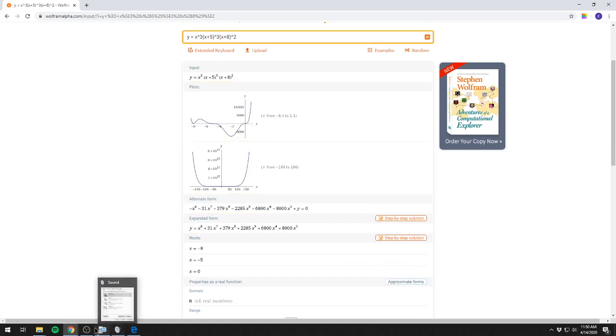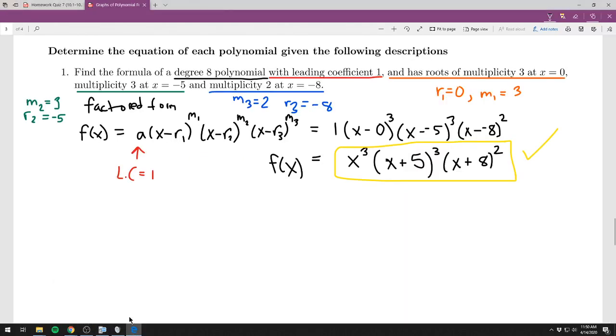So the multiplicity at 0 and -5 are both odd. And what that means for the graph is it's going to pass through the x-axis. If you have an odd multiplicity, the graph will pass through the x-axis.